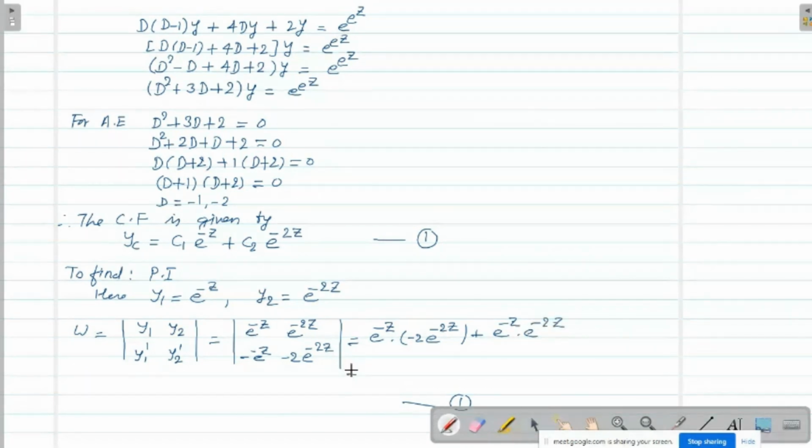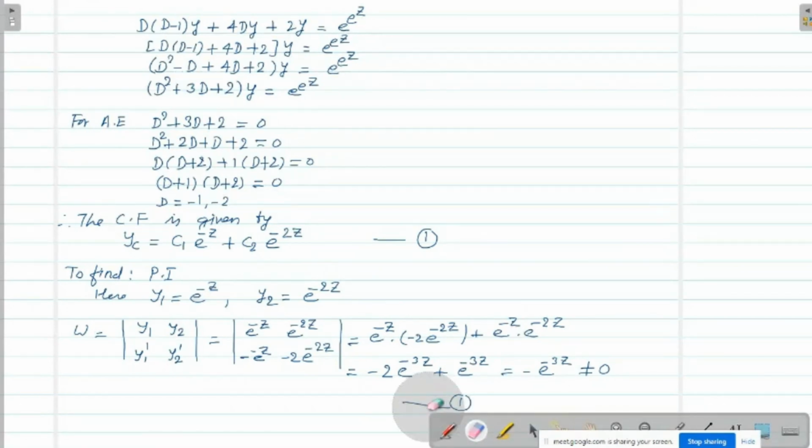The base is the same, so the power will be added: minus 2 e raised to minus 3z, and plus e raised to minus 3z. So this becomes negative of 1 times e raised to minus 3z, which is not equal to 0. Correct? So this is your determinant, which is not equal to 0.